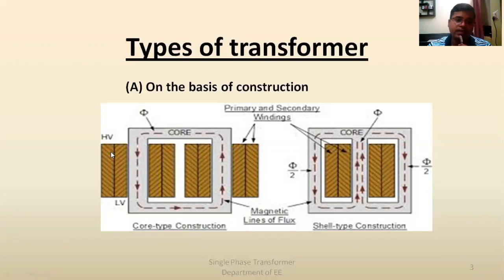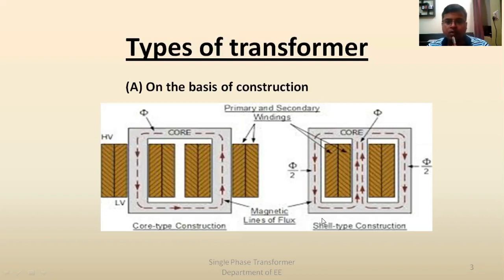And for high voltage winding, the insulation of each conductor used in low voltage winding will also act as the insulation for this high voltage winding. So that is why the insulation requirement for high voltage winding will be minimized somehow. So this way the winding is done.